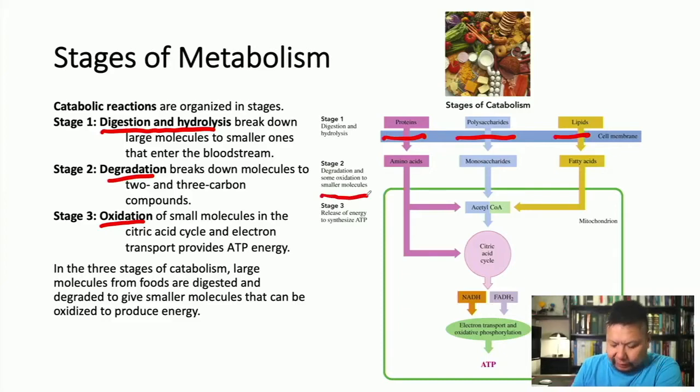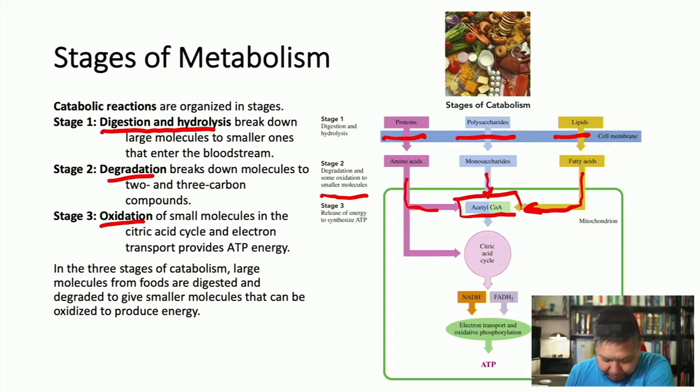where it's degradation and some oxidation to smaller molecules, where the cell breaks them down, right? And so those proteins, sugars or polysaccharides, and fatty acids, in their broken down forms, all go inside of the mitochondrion, becoming acetyl-CoA.